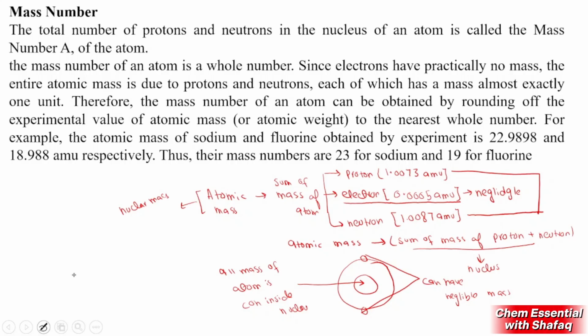But how can we calculate the mass number from the atomic mass? That's the important concept. Basically we know mass number किसे represent करता है?